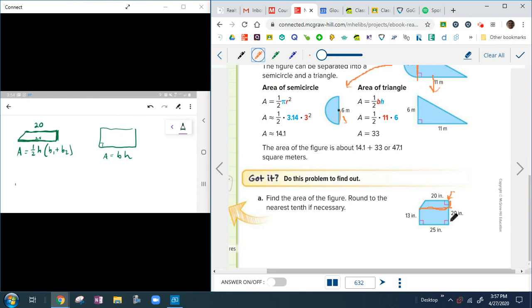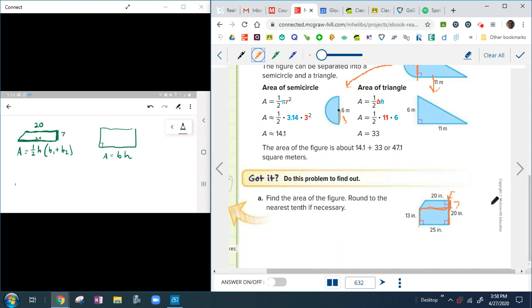It's not labeled, so it's a missing length. And I have to look at the other vertical lines to help me out. So I know all the way to the top of this line is 20 inches. All the way up is 20. And I know that part way up is 13. So if I subtract those, I can get this missing piece of 7.